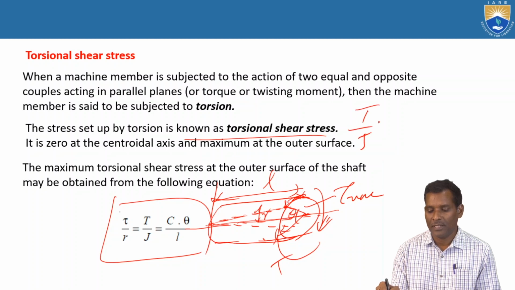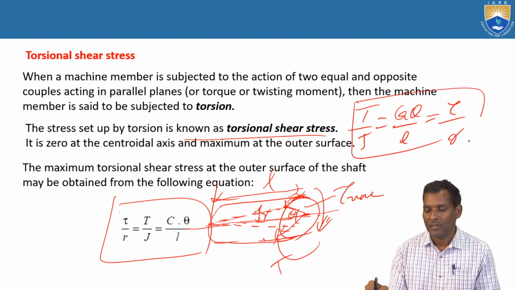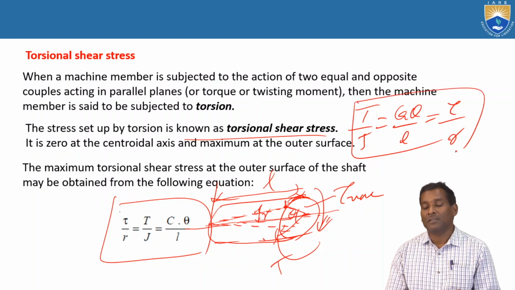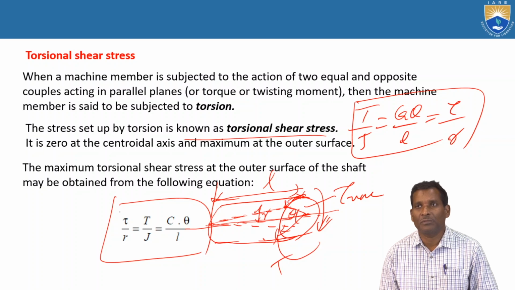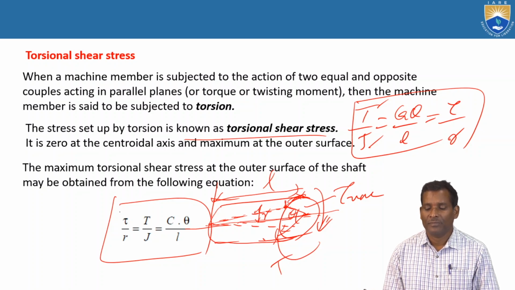Here T by J is equal to G theta by L is equal to tau by R. In this, T is torque or twisting moment, J is polar moment of inertia, and G is torsional rigidity or modulus of rigidity. Theta is the angular twist, and L is the length of the shaft or object.